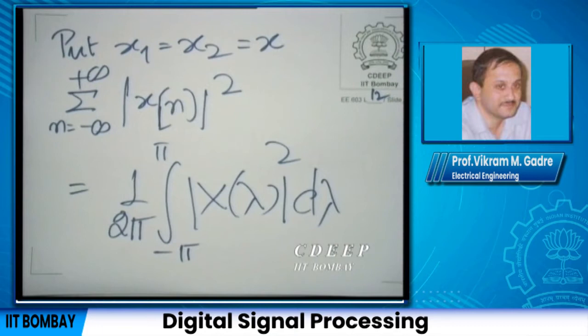Now, suppose that band limited signal were a voltage signal, and you applied that voltage across a 1 ohm resistance. The total amount of energy that that signal would dissipate in the 1 ohm resistance is the quantity that you have on the right hand side here.